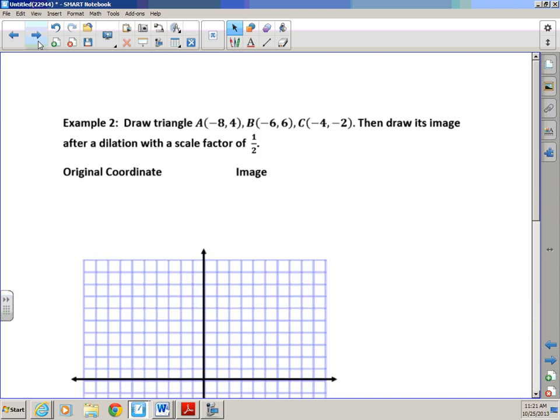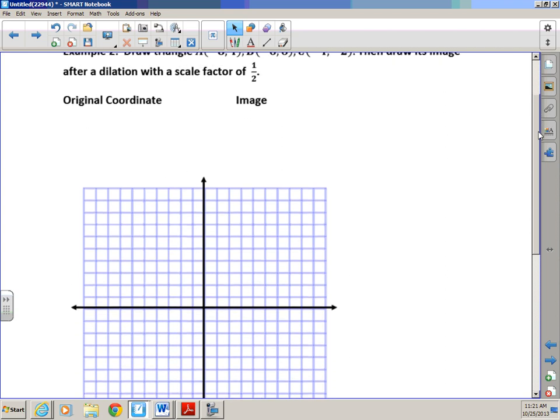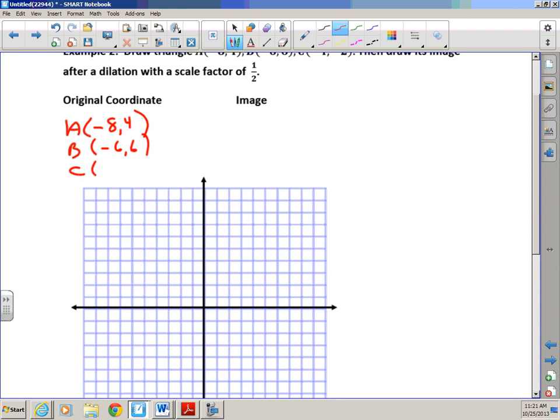Let's go to the next example. I'm going to take this triangle and dilate it with a scale factor of 1/2. My original 3 points of A, B, and C are (-8, 4), (-6, 6), and (-4, 2).